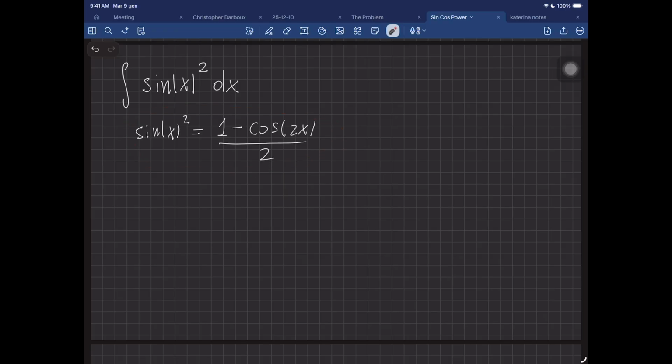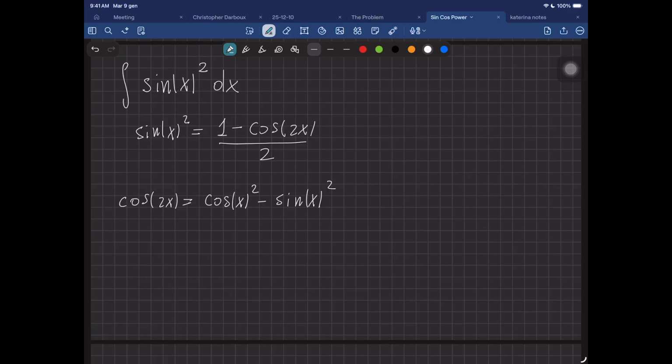I never do because they are too complicated and my brain power is basically 0. But what I do remember is the following. I know that the cosine of 2x is equal to the cosine of x squared minus the sine of x squared.